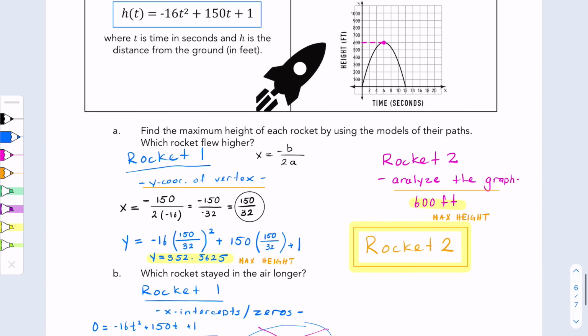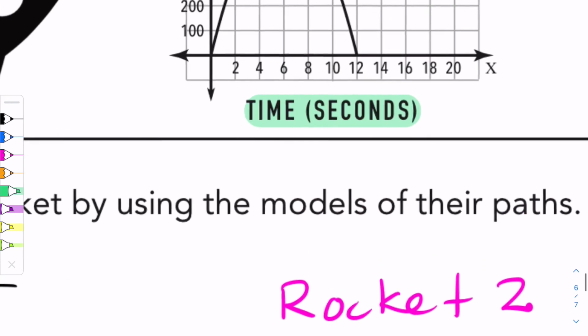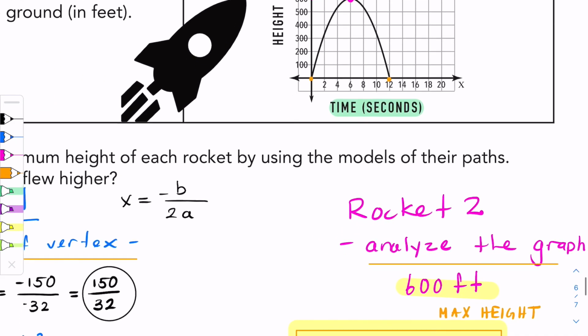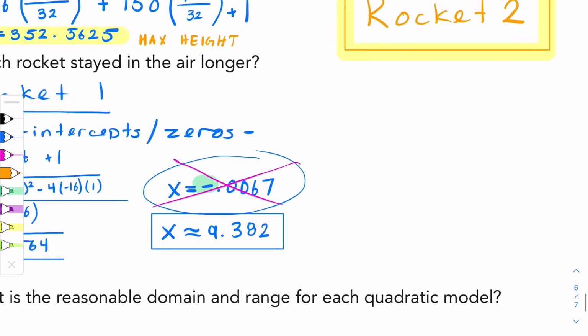For rocket 2, we're going to look at the graph, time in seconds. It appears to me that this graph starts at 0, goes up, comes back down, ends at 12. So that rocket is in the air for 12 seconds, according to the graph.